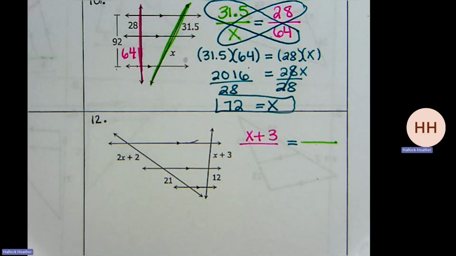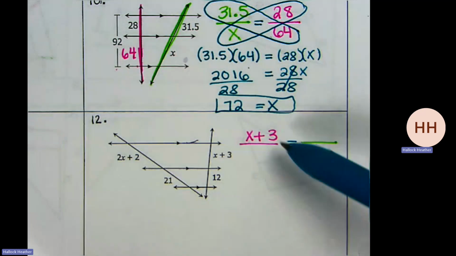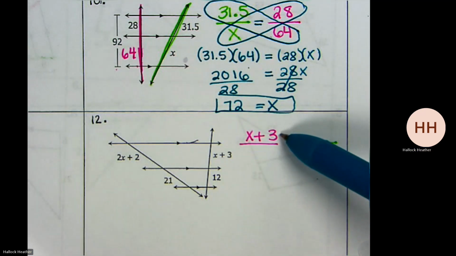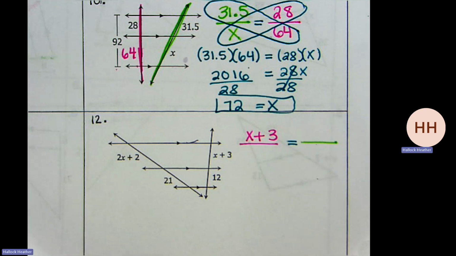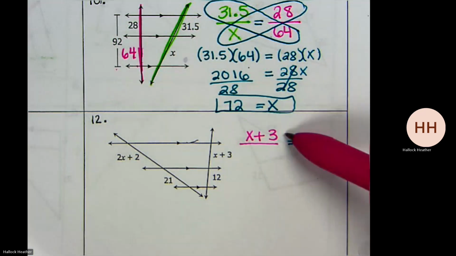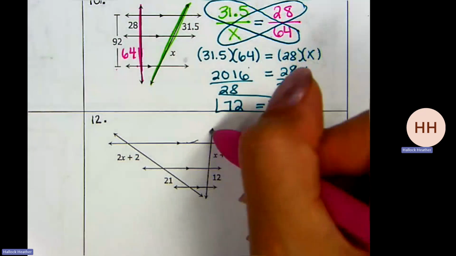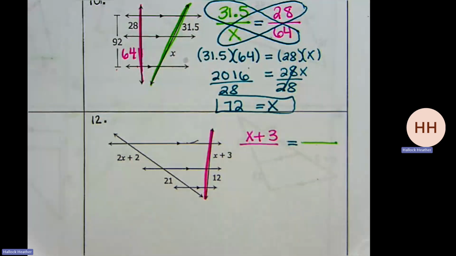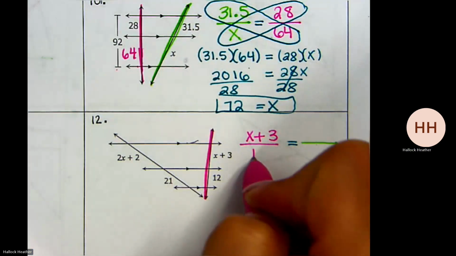Okay, so what's going to match what goes underneath x plus 3? Anybody know? 12, because they're on the same line. Because they're on the same line, they're going the same fraction.